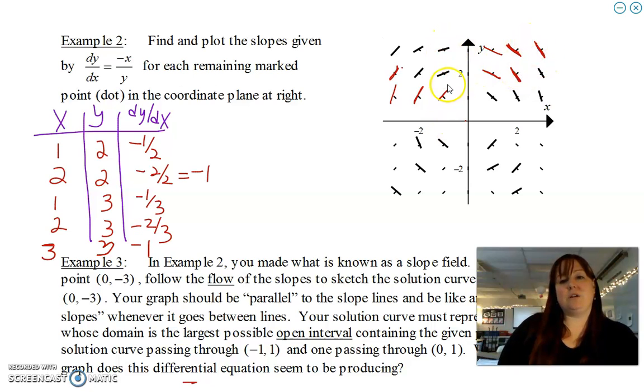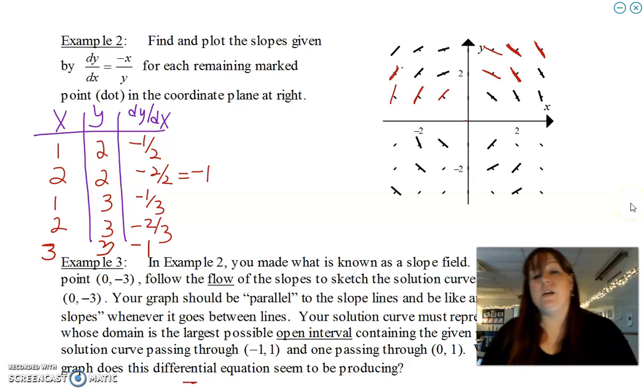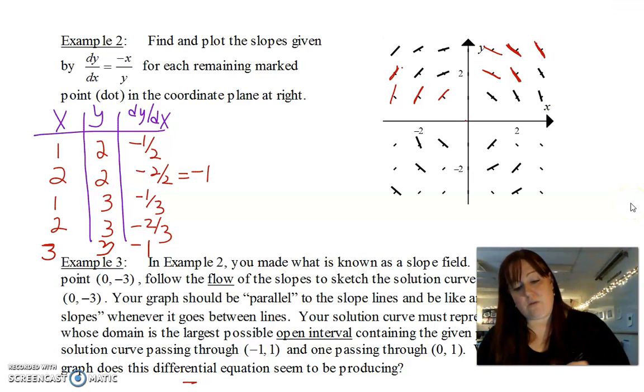And so when x and y are equal to each other, here at 1, 1, 2, 2, 3, 3, they each have a slope of 1. So now we can come down here and we can look at this one down here. This one should have a slope of 1, right? Because it's 3, negative 3. And then they already have the other ones. That pattern is already kind of filled in there. So you have those ones because they all are equal to that.